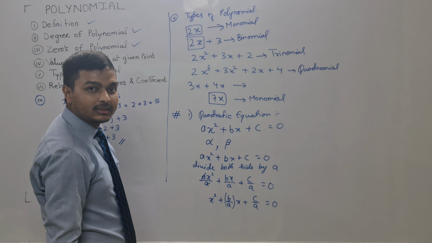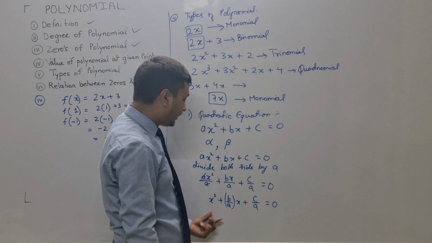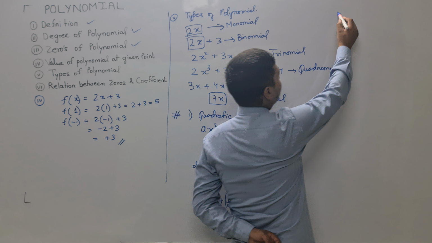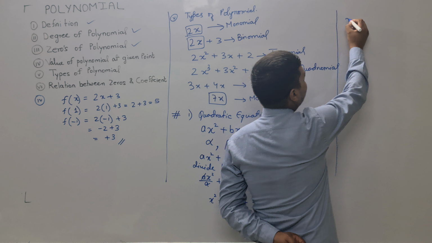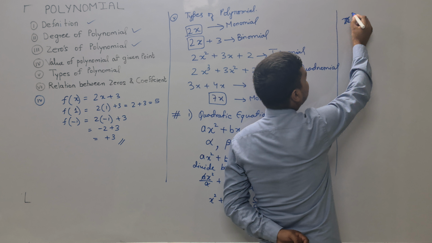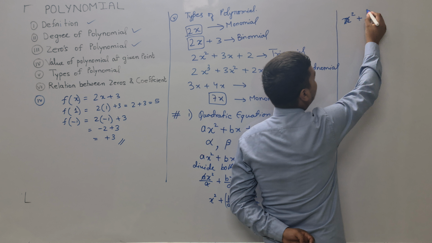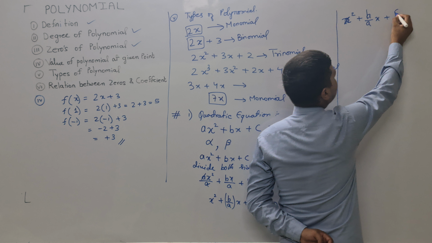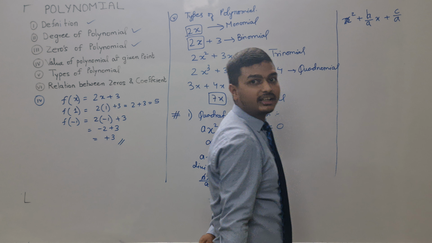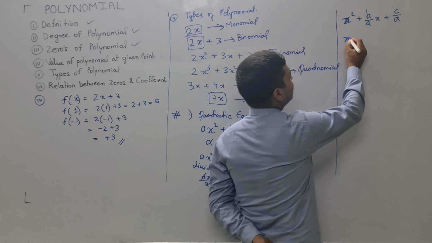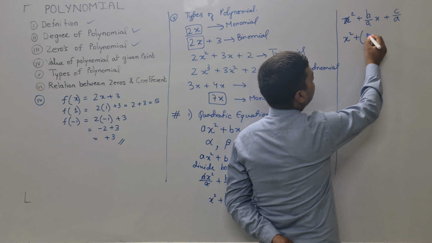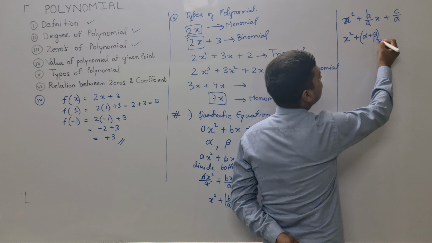Am I right? Now what the mathematicians did, they represented the same thing in a very beautiful way: x square plus b by a x plus c by a. Now they wrote x square plus, in place of b by a, alpha plus beta. What are alpha and beta?